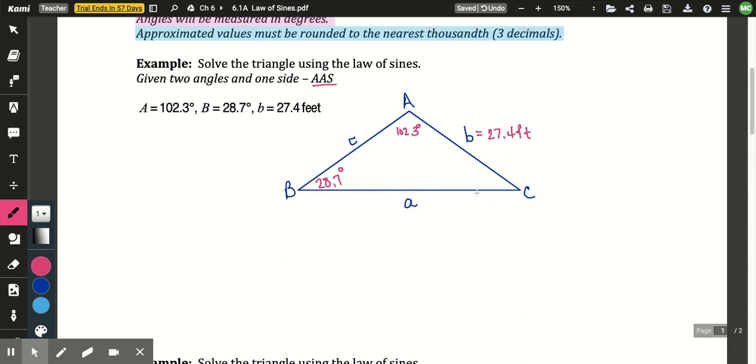Okay, so first things first on this one, I know 2 of the 3 angles of the triangle. So I can use the fact that the sum of the 3 angles is equal to 180 degrees in order to find the measure of angle C. So I'm going to do that first. That would be taking 180 degrees and subtracting the sum of the 2 angles that I know.